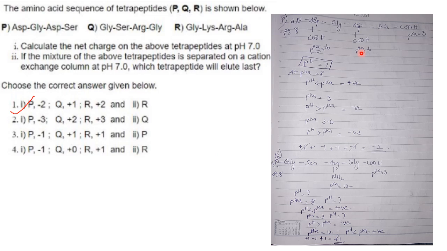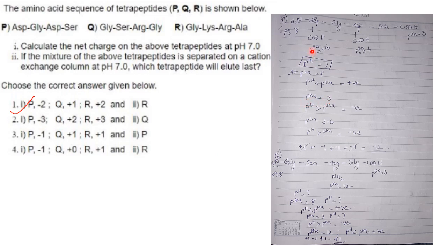Now you should know one thing: if pH is greater than pKa, then deprotonation occurs and you will get a negative charge. If pH is less than pKa, protonation will happen and you will get a positive charge. For the terminal amino group, pKa is 8 and pH is less than pKa, so it will be a positive charge.